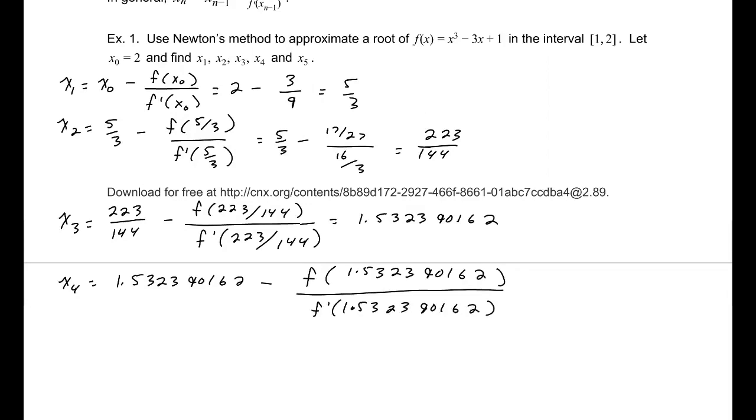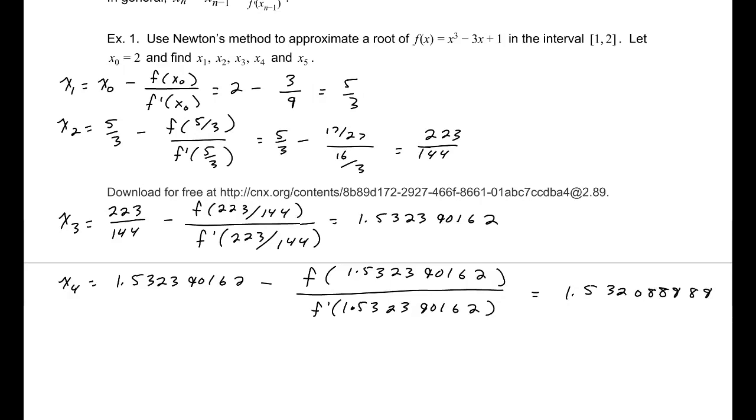Now it's a good idea to store a value in a calculator variable, which is what I am doing. So I'm calling that long value a. So a minus f of a divided by f prime of a. And that is 1.532320889.